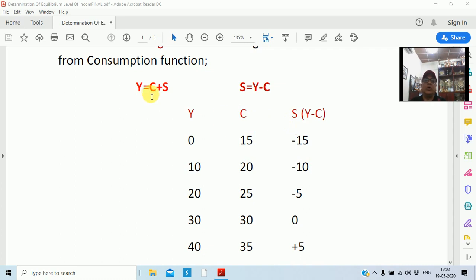Because we know Y is equal to C plus S, therefore S is equal to Y minus C. So Y minus C: 0 minus 15 is minus 15, 10 minus 20 is minus 10, 20 minus 25 is minus 5, 30 minus 30 is 0, and 40 minus 35 is plus 5. Now this is how, with the help of a schedule, you can explain the derivation of saving function from consumption function.